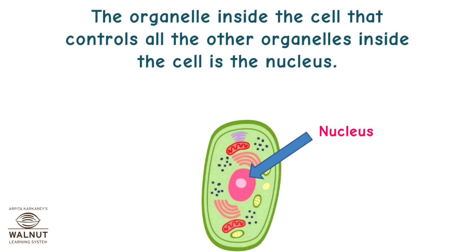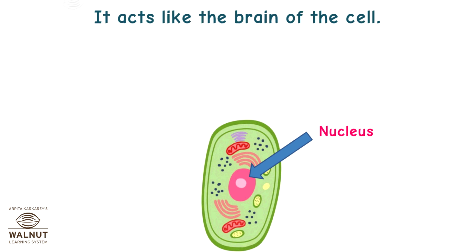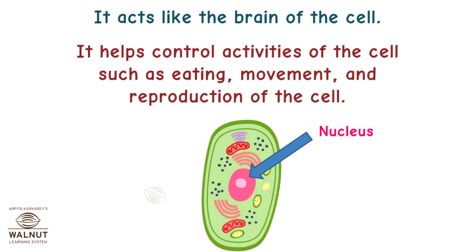Nucleus. The organelle inside the cell that controls all the other organelles inside the cell is the nucleus. It acts like the brain of the cell. It helps control activities of the cell such as eating, movement and reproduction of the cell.